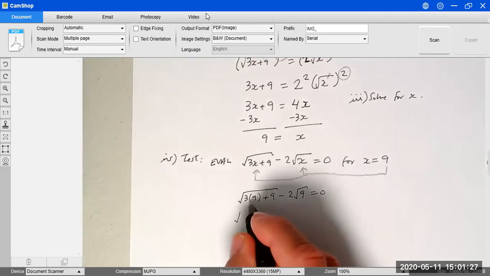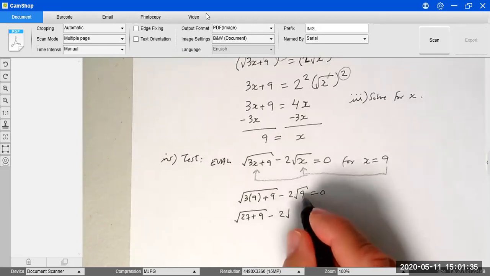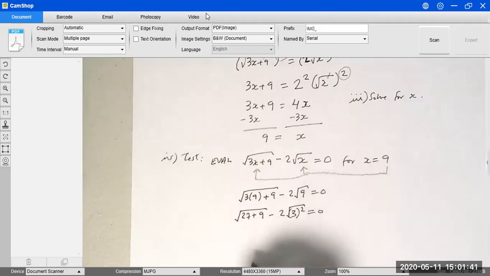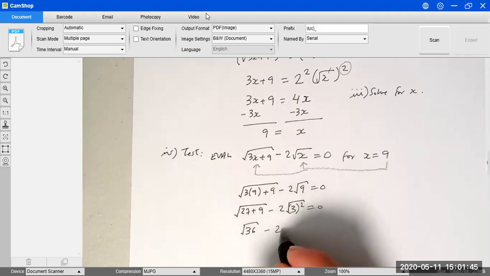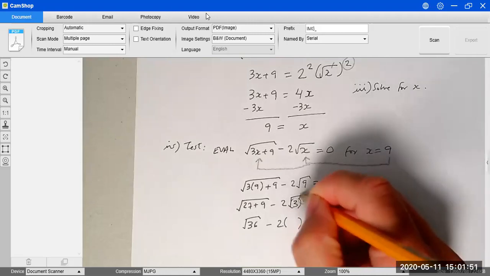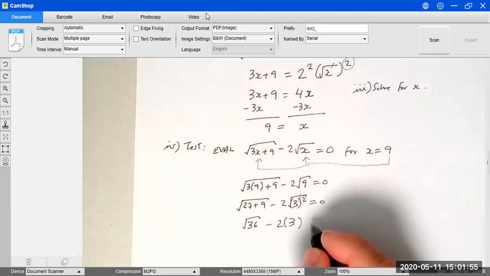So here we have the square root of 27 plus 9 minus 2 times the square root of 9. 9 can be written as a perfect square, 3 squared. So here you're going to get the square root of 36 minus 2 times the square root of 3 squared. And here you're going to remove the radical sign and the exponent. So you end up with the radical only, 3.